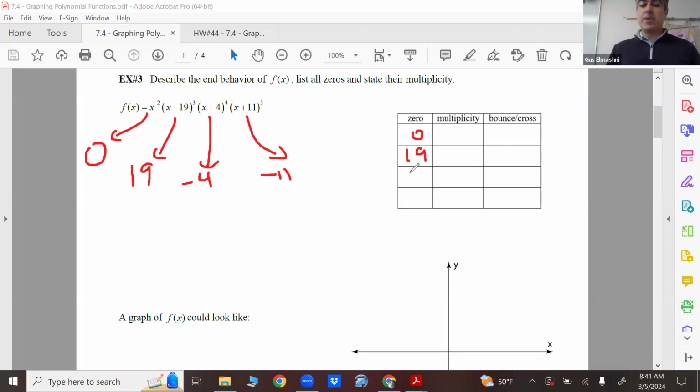Essentially, you're setting each one equal to 0. That's all, right? Now, the multiplicities are simply the exponents where they come from. So 0 came from x squared, right? What was the exponent next to that? 2, then 3, then 4, then 5. Kind of nice. 2, 3, 4, 5.